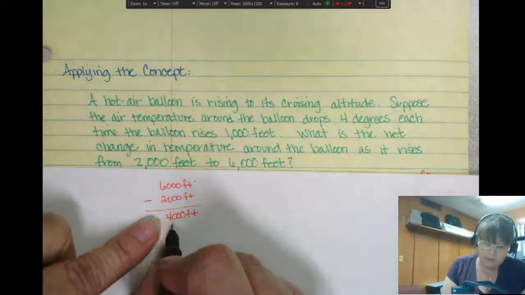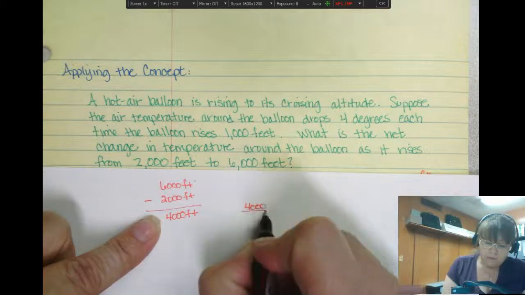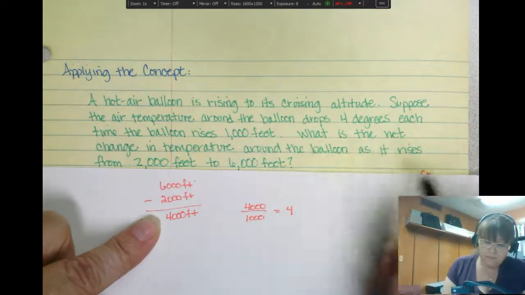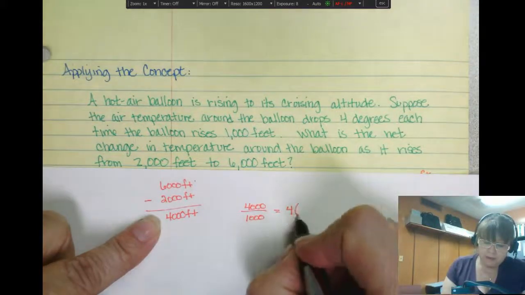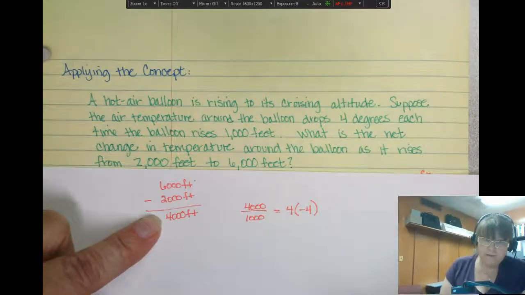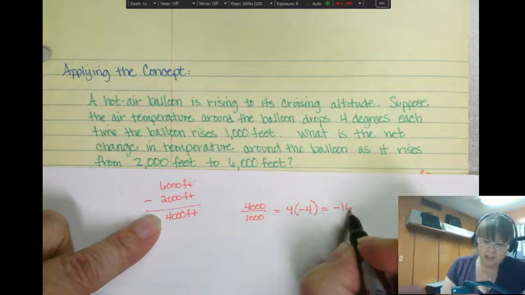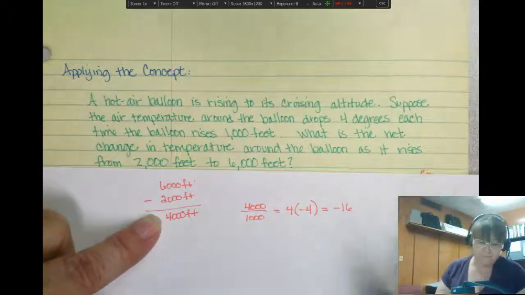So how many 1,000 feet did we go up? 4,000 divided by 1,000 equals 4. So we went up 4 times, and the temperature drops 4 degrees every 1,000 feet. So our net change, the temperature dropped 16 degrees.